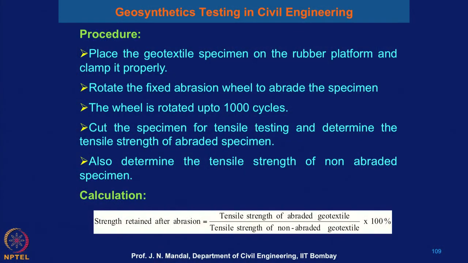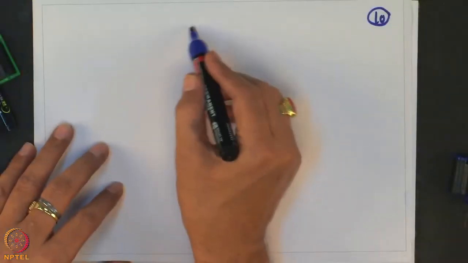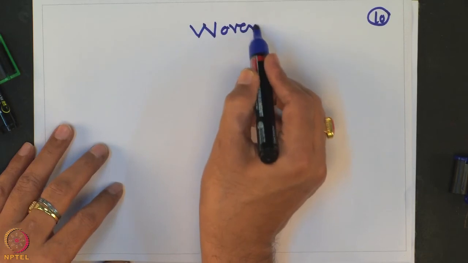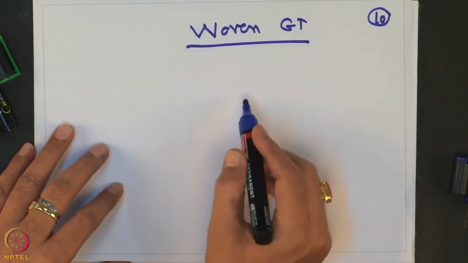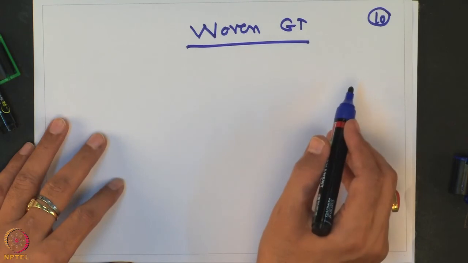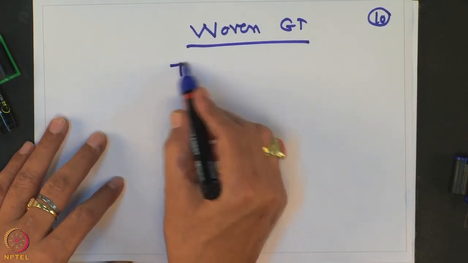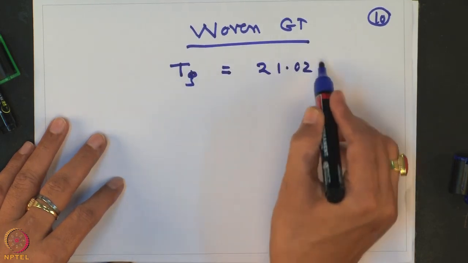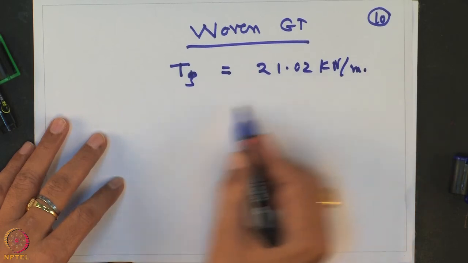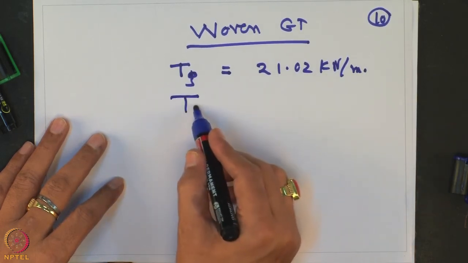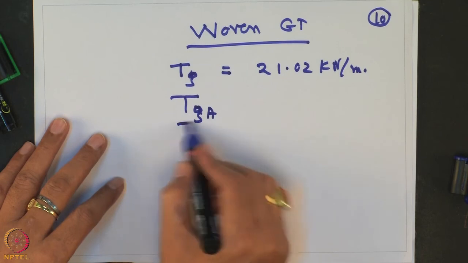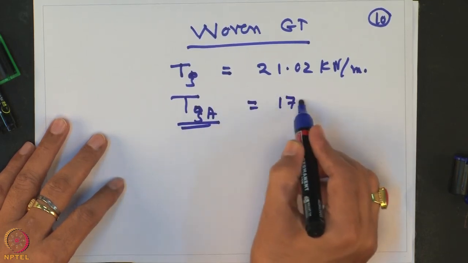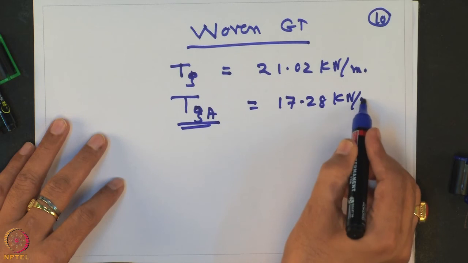For an example, a specimen calculation: suppose the type of geosynthetic is a woven geotextile material, and the tensile strength of the non-abraded geosynthetic material is 21.02 kilonewton per meter, and the tensile strength of the abraded geosynthetic material, let us say, is 17.28 kilonewton per meter.